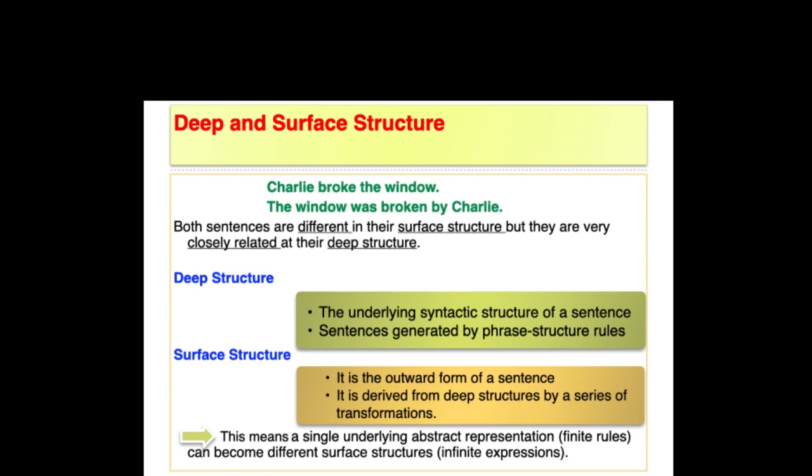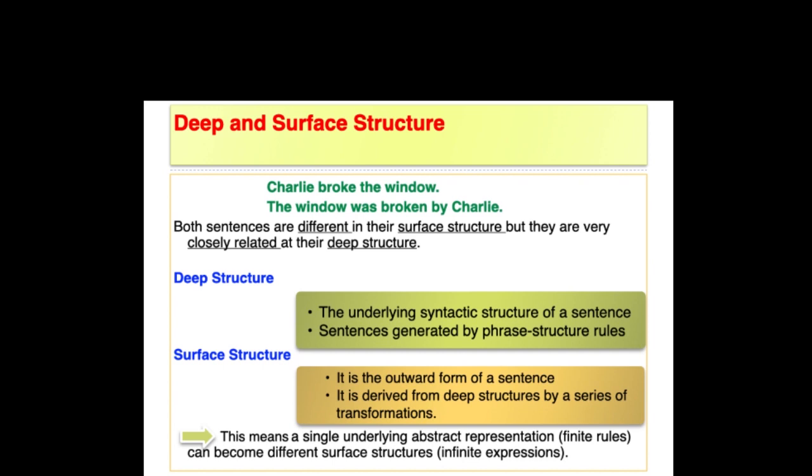If you have a look, for example, at the two examples on the top here, we have "Charlie broke the window." And the second sentence is "The window was broken by Charlie." Now, these sentences are different in their surface structure.